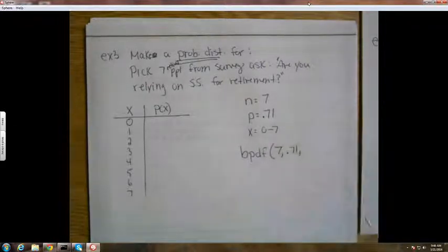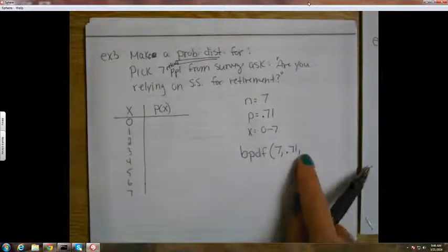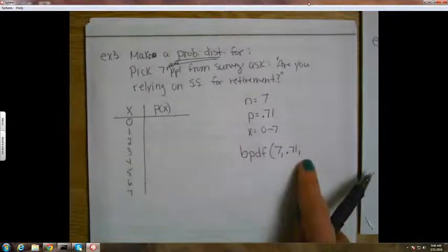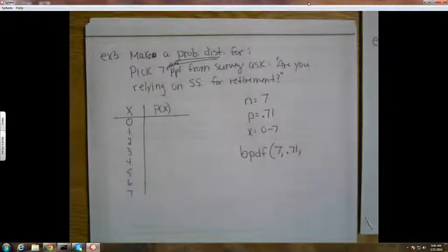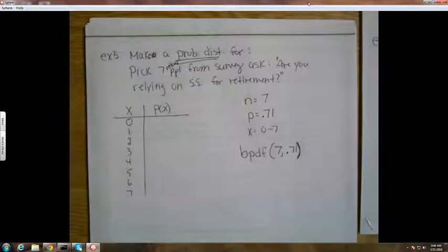And at this point, I could put in a 0, get that number. Redo it, put in a 1, get that number. Redo it, put in a 2. But, like I said, the Texas Instruments people know the kinds of problems you're going to be doing. If I don't put in an X at all, it gives me all of them right in order, starting with the 0 one. So 7 trials.